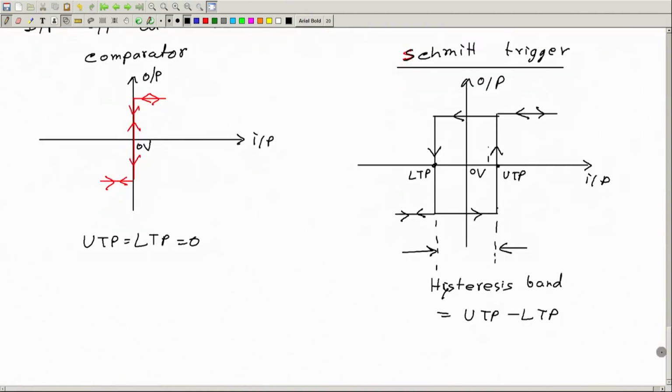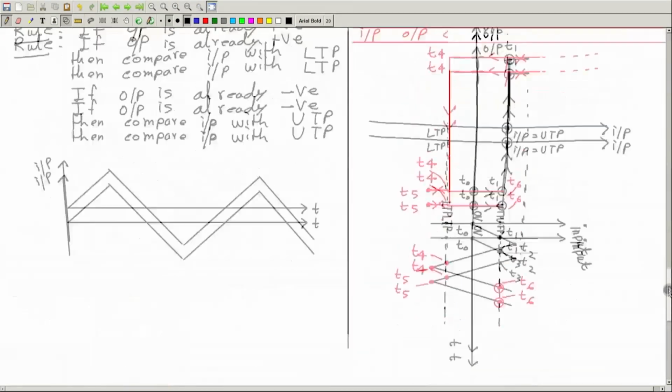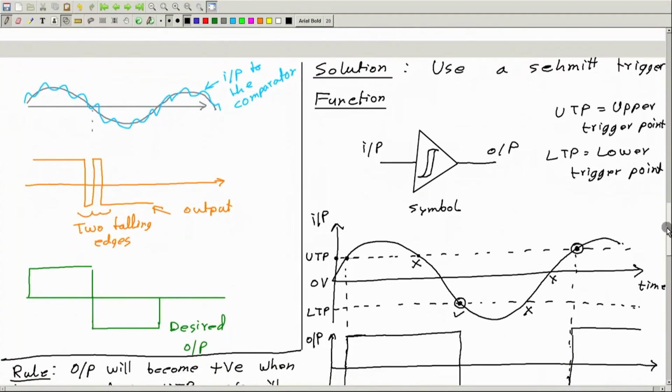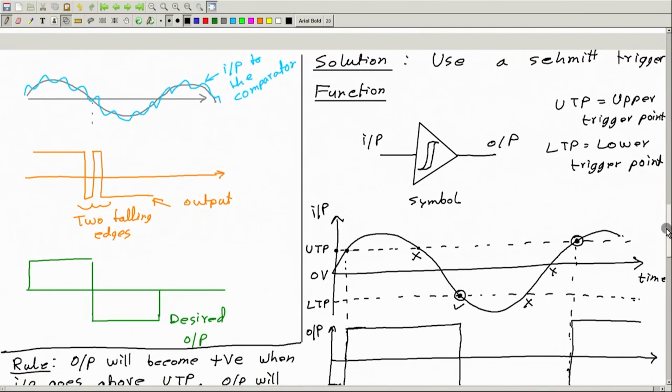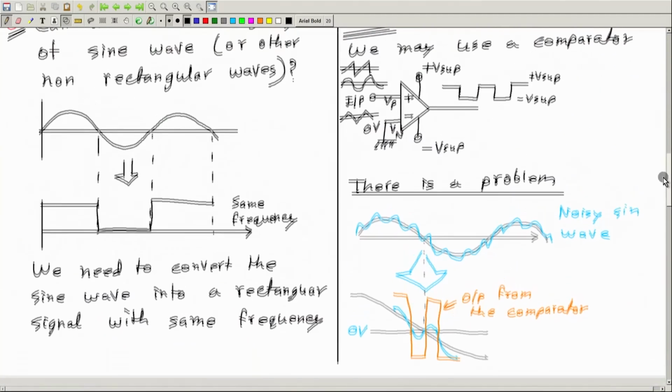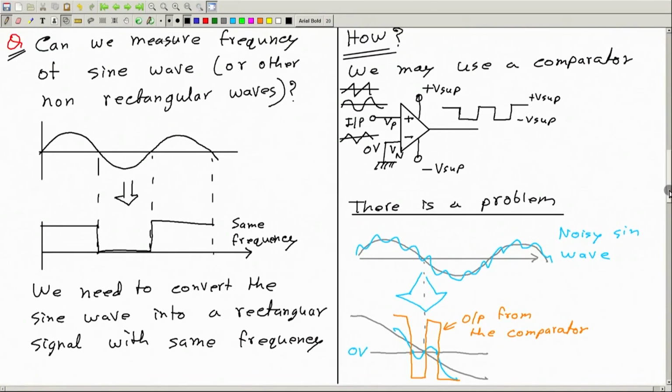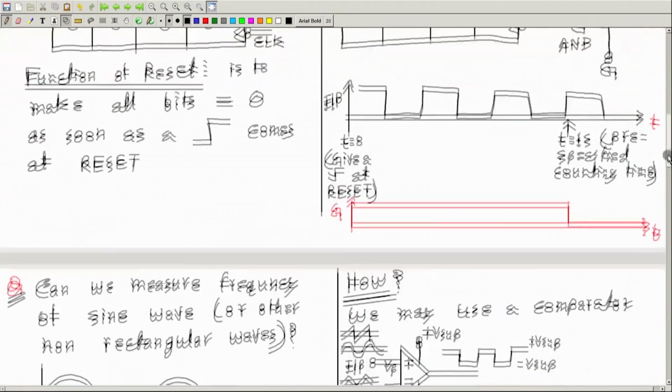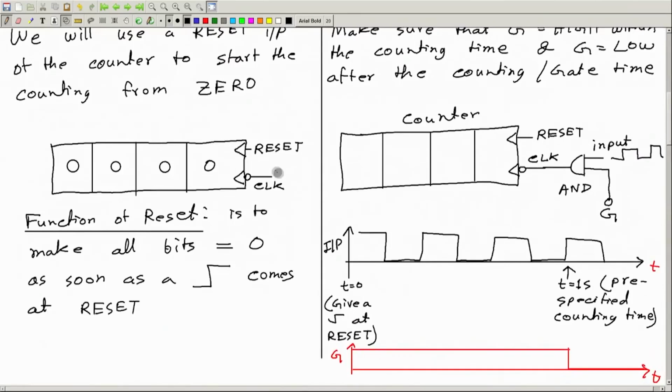Great. Okay, now let's come to the main question. So let's go back. By the way, what are we studying? We are studying frequency meters. How does a frequency meter work? If we give some square wave input to the clock of a counter, the counter counts the number of edges.